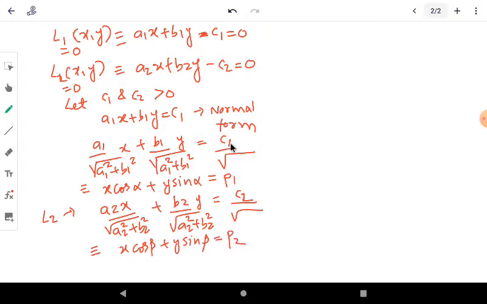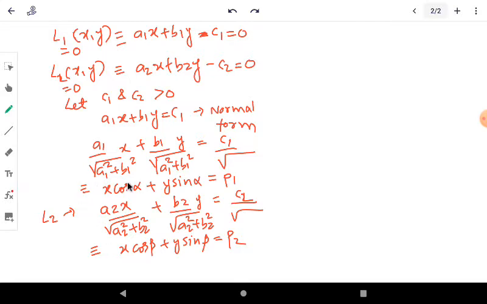That's why we made c1 and c2 positive, because p1, the length of the perpendicular from the origin on the line, is positive.